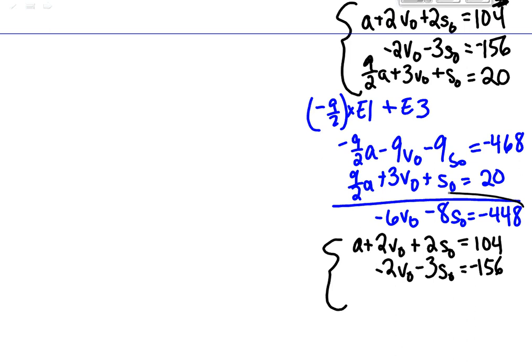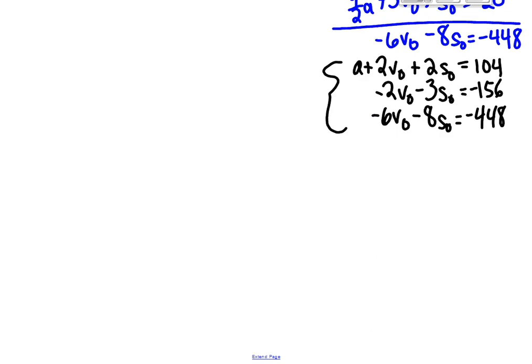And then I'm going to put my answer for my new E3 in that last place there. And so I'm going to have negative 6 v sub 0 minus 8 s sub 0 equals negative 448. So I'm just making this slide super long, and then I might cut it and make it into 2 pages when I paste it on my notes. So now in row E3, I need to get rid of that.